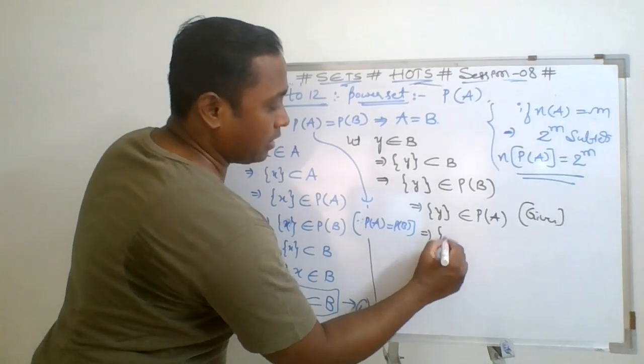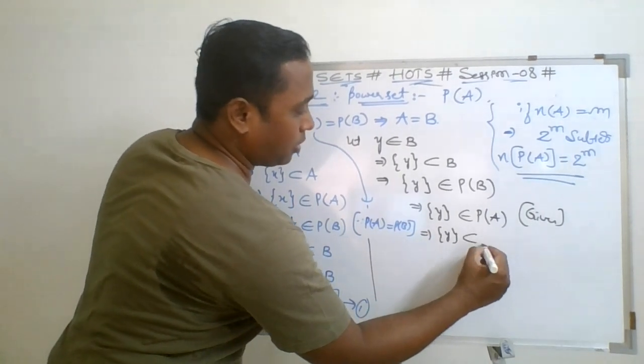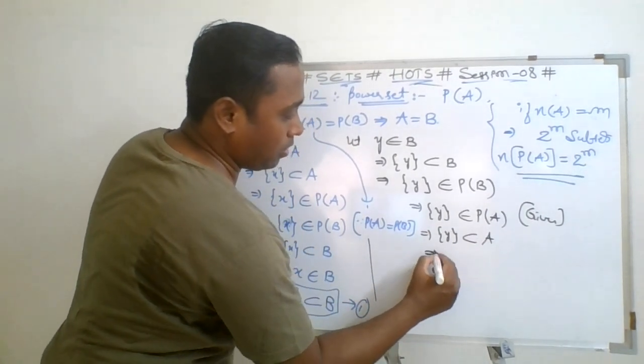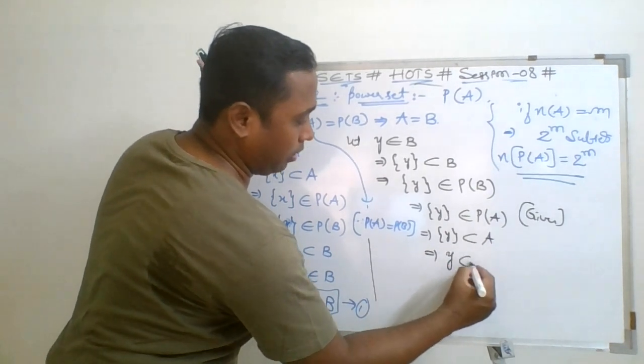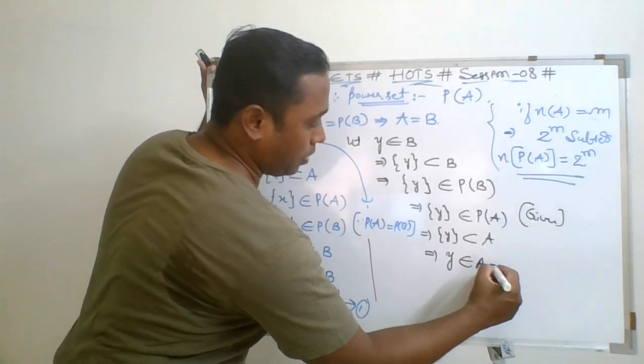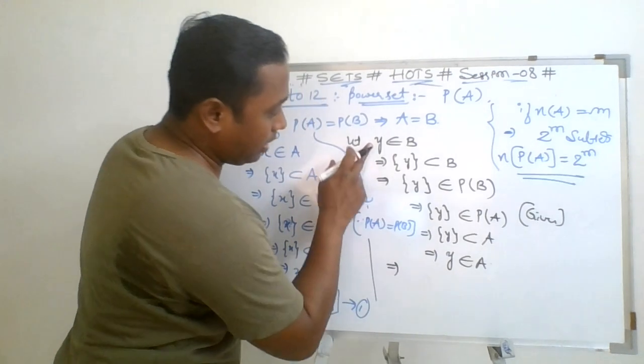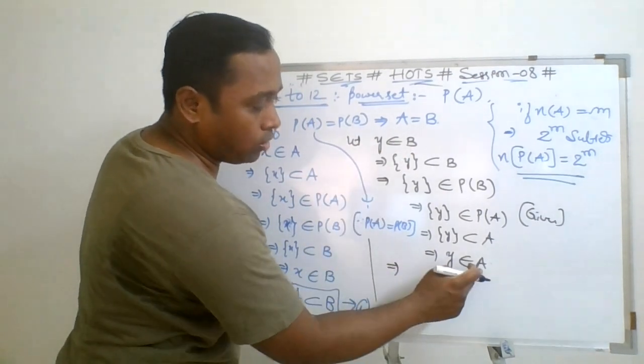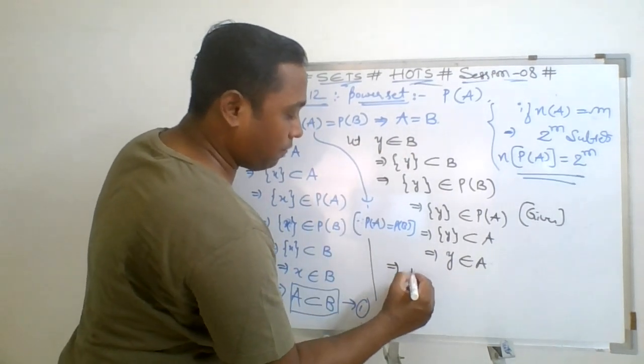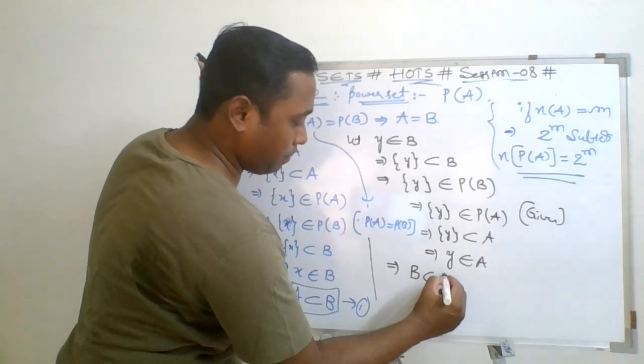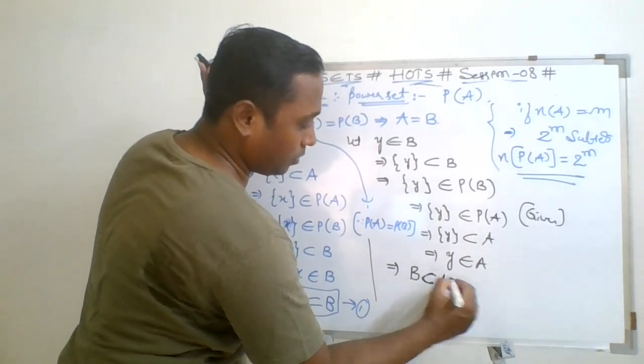Then set Y is a subset of A. It means that Y is an element belongs to A, which implies if Y belongs to B it also belongs to A, therefore B is subset of A, right?